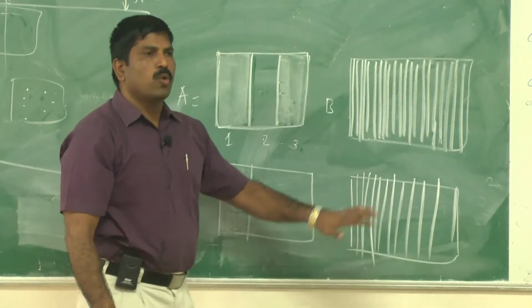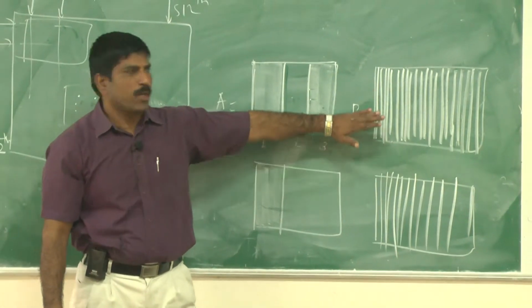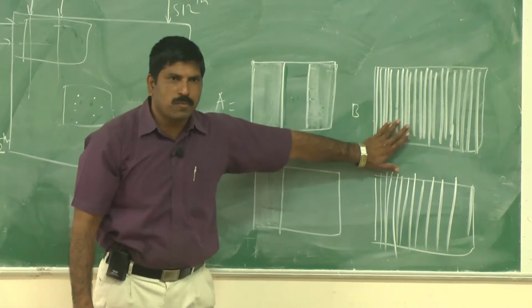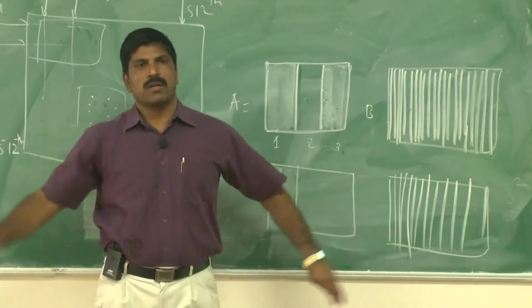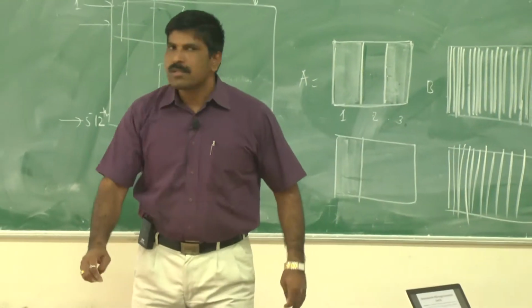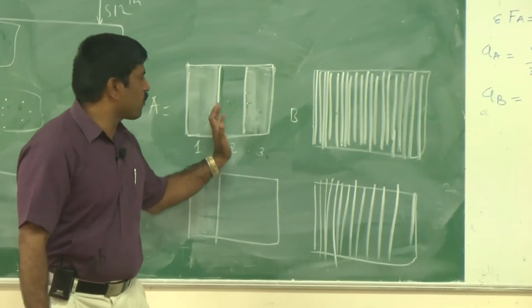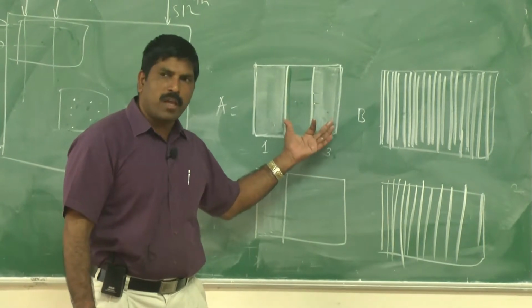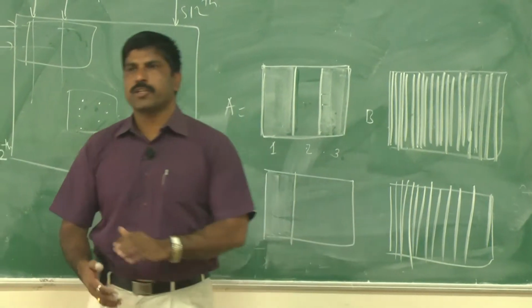Is it possible to notice the change between this image and this image? This is not possible. So that is what the second observation is. Now what is the frequency of this image?